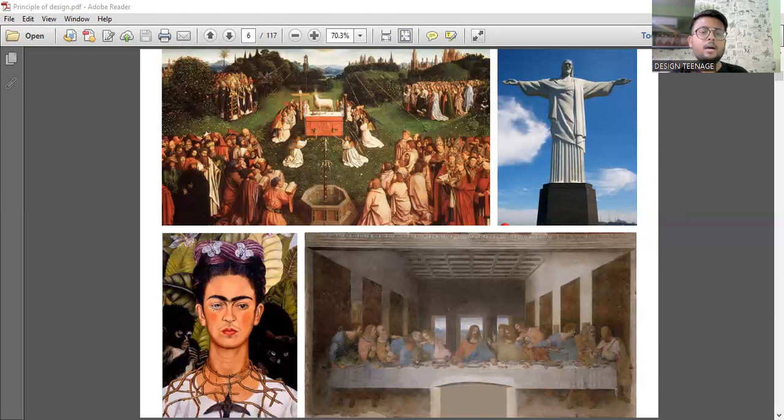So this is symmetrical in terms of the weightage of the people, or the number of people in terms of a group, how they are placed or positioned. Everything looks similar. Similar things happen for this composition with a girl over here. Similar thing happens for this particular composition. The name of this composition is The Last Supper, made by Leonardo da Vinci.